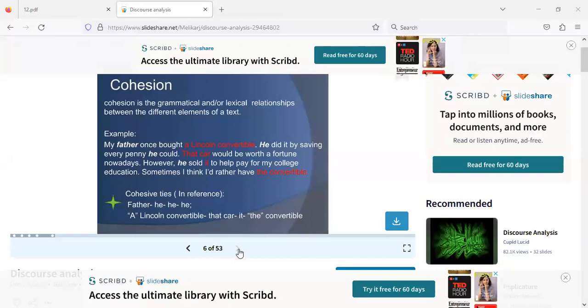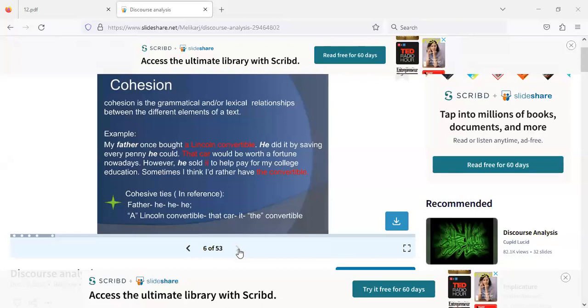By saying however, he sold it to help pay for my college education. Sometimes I think I would rather have the convertible. So the writer is using this connector, however, to mark the relationship of what follows to what went before.